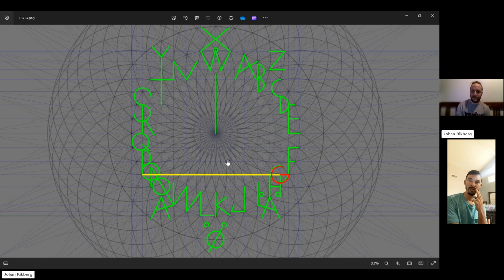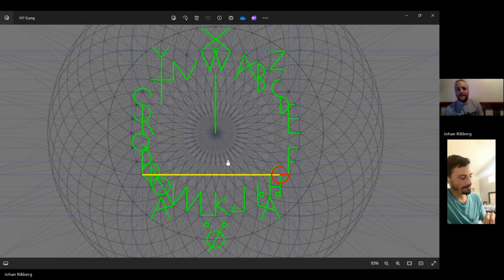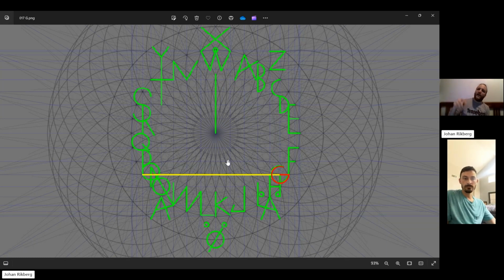So it's almost round. It's like giving some round vibes. But it's also the G that gives the word the ground, the growth of the wheel of the ground.